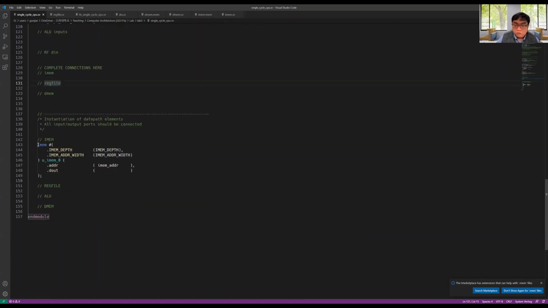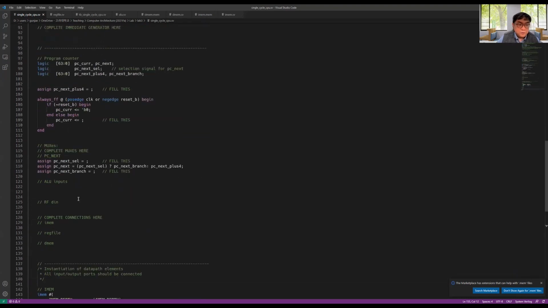And in order to use the data path elements, you need to instantiate the data path element modules. I already provide the instantiation of the instruction memory like this. And I believe you can also complete the instantiation of the other data path elements.